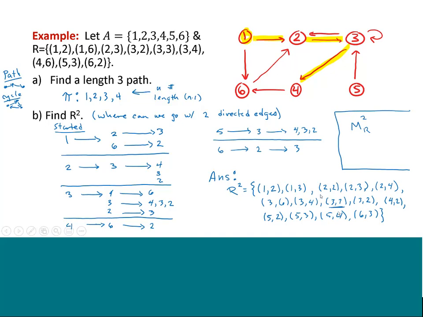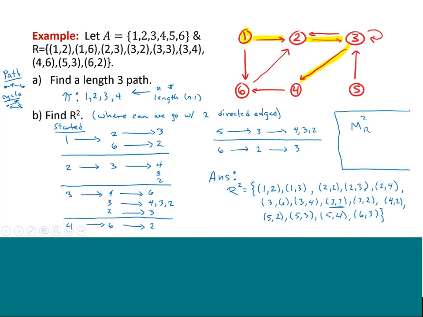You'll get a 1 for all of these, but notice here we had 2 ways of getting from 3 to 3. You would actually get a 2 in this slot. It'll tell you how many ways there are to get from vertex 3 to vertex 4. In our case, there's 1, so this would correspond to a 1 in the new matrix. This one, there's 2, so there'd be a 2 here.